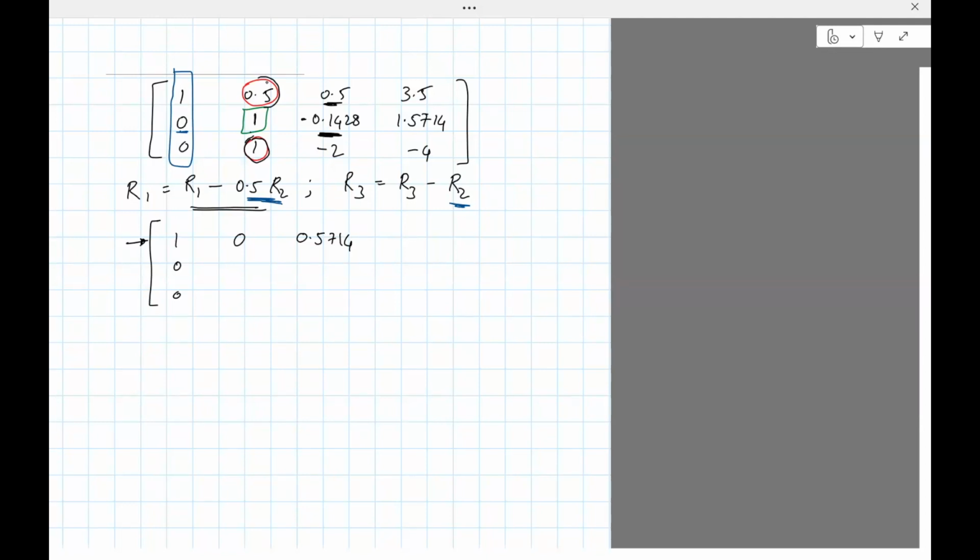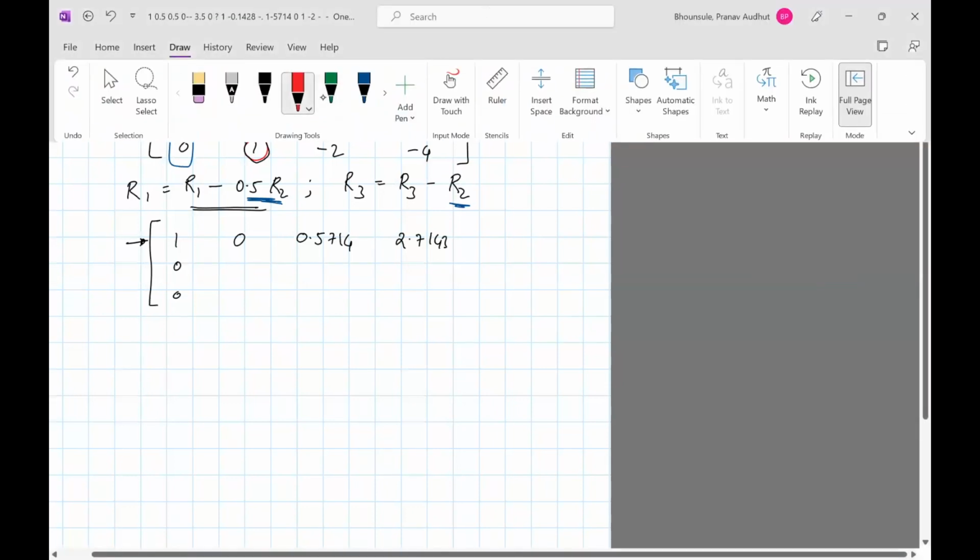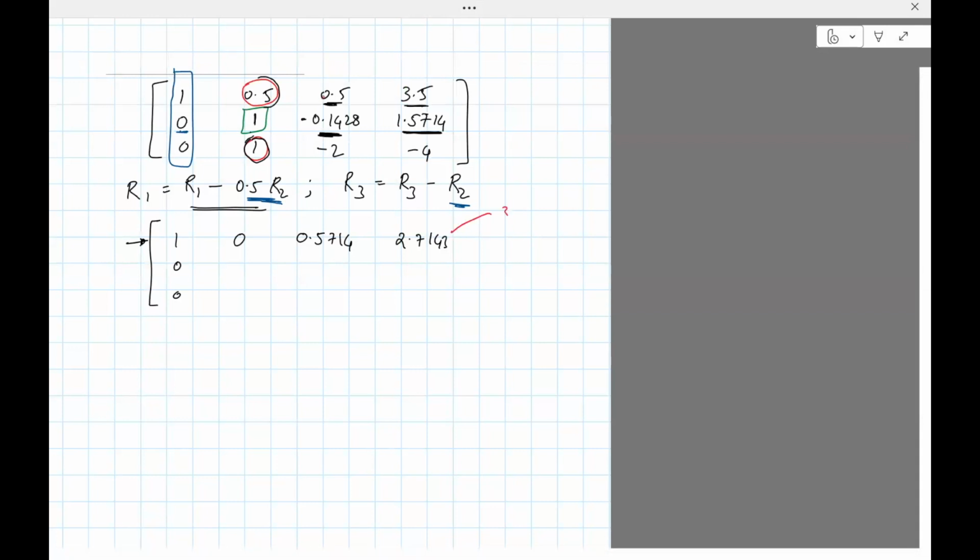Okay, next is 3.5 minus 0.5 times 1.5714. It's 2.7143. Write it down for when you refer to this later on.